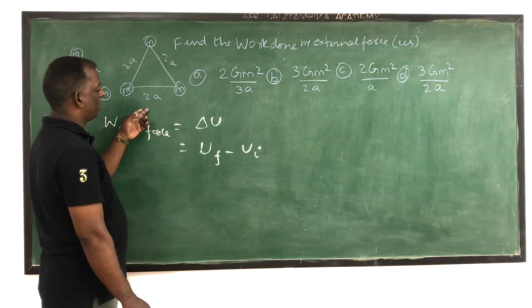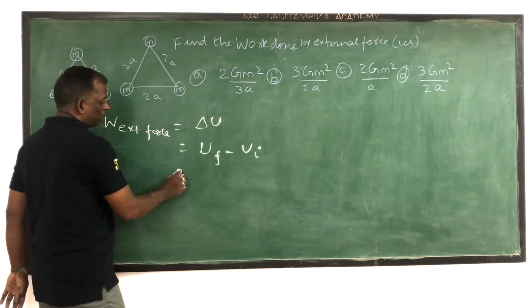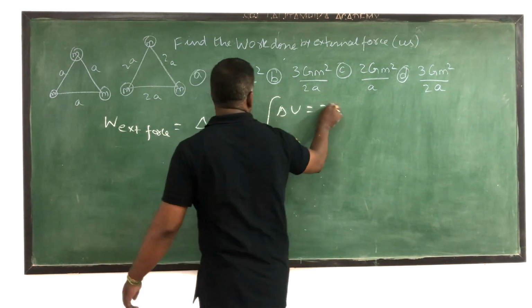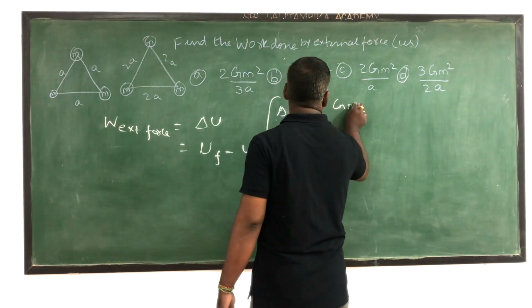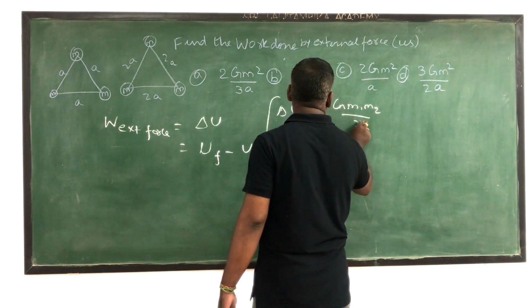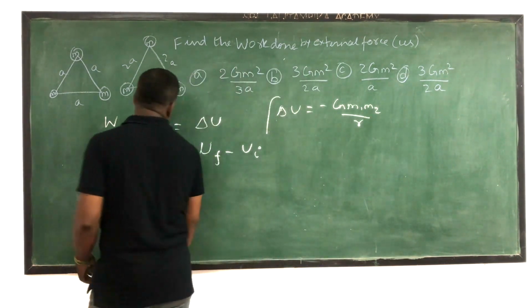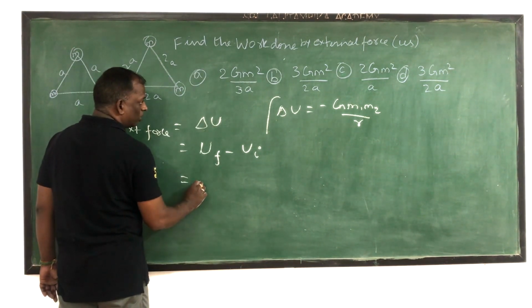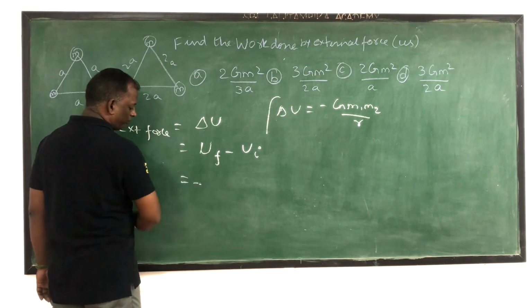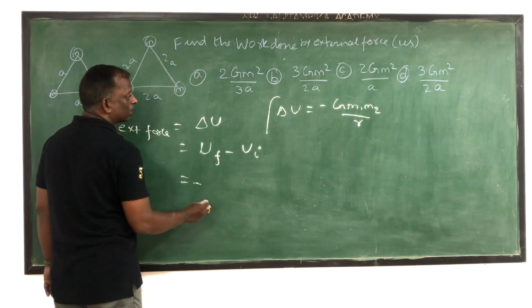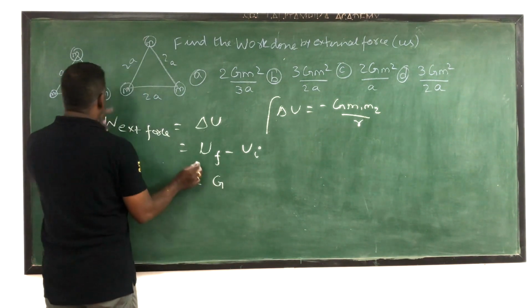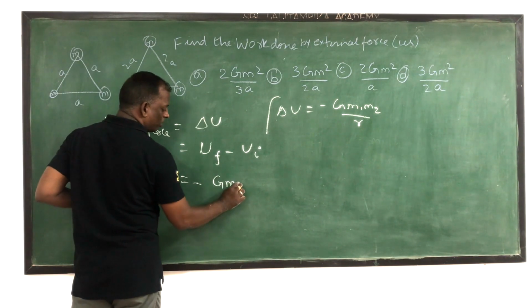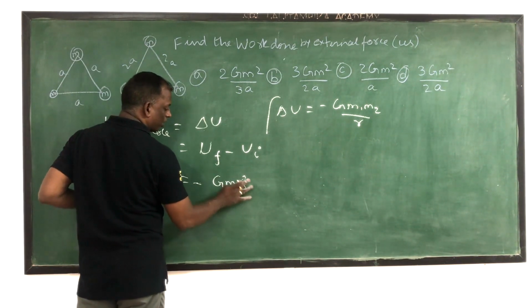So what is U final? What is the potential energy formula? U is equal to minus G m1 m2 by r, இதான் ஜெனரல் ஃபார்முலா. சோ இப்போ U final எப்படி எழுதலாம்? This U final is equal to minus G m square, because எல்லா மாஸ்க்குமே சேம், so m into m is m square.